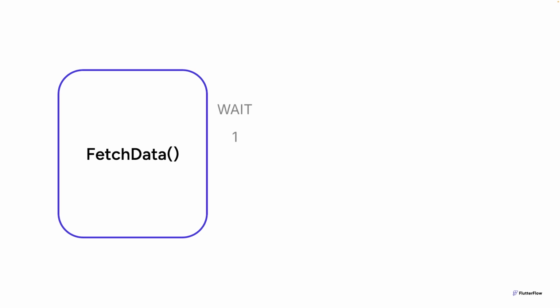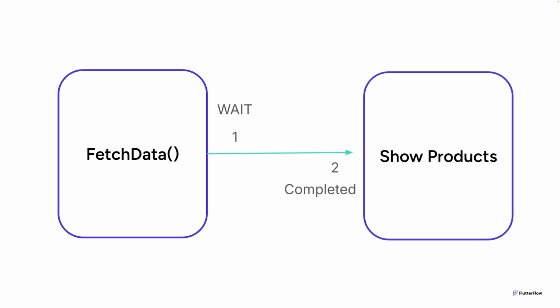But when I say blocking or non-blocking, what do I really mean? Blocking actions are operations that halt the execution of subsequent actions until they are fully completed. These actions typically involve tasks that take time, like network requests or animations.